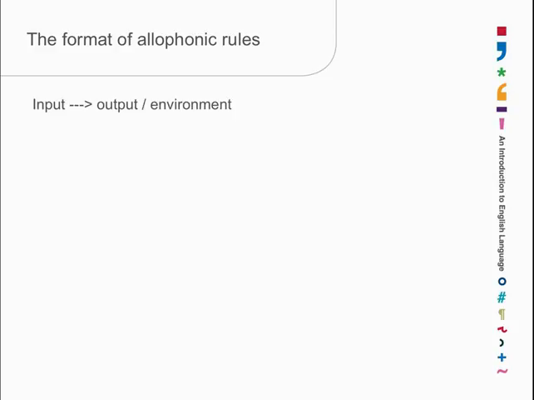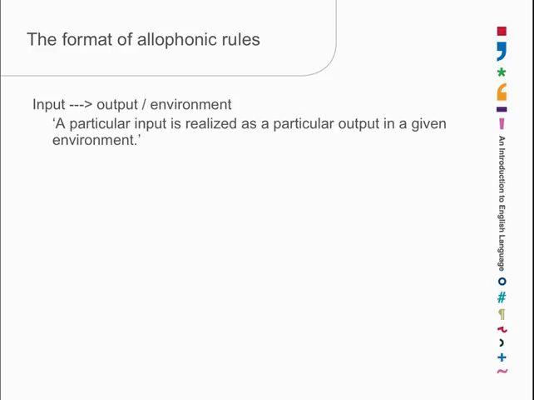Let's suppose that we write them this way. An input, the phonemic form of a word, is converted into, or changes to, or becomes, or better, is realized as a particular output in a particular environment. A particular input is realized as a particular output in a given environment. Here we go. The phoneme T is realized as the allophone.